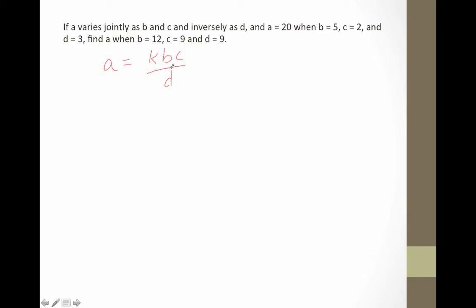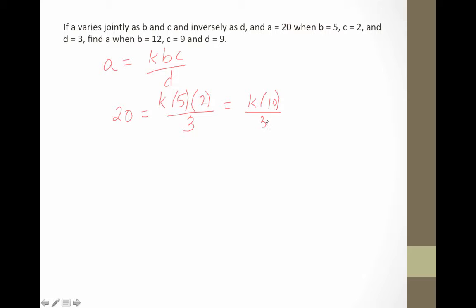So A is 20, when B, C, and D are given. So let's go ahead and write K. B is 5, C is 2, D is 3. So we have 10 over 3.